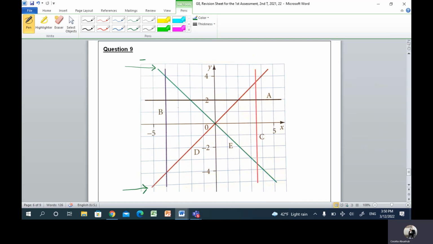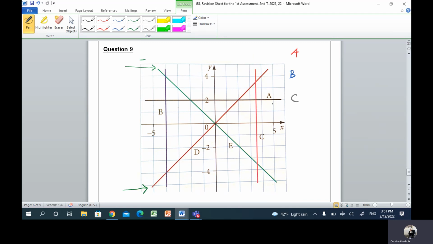Okay, so in such questions, I always prefer that you write the equation for each line. So you tell yourself, I have line A, which is the light red, and then line B, which is the navy, and then line C, which is the pink.